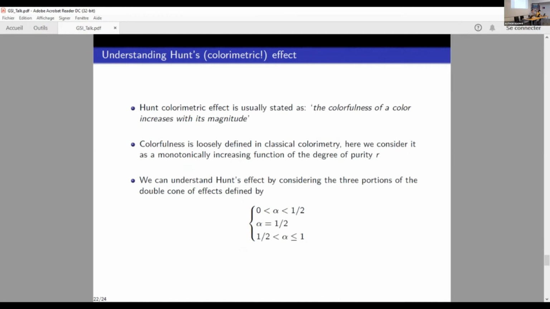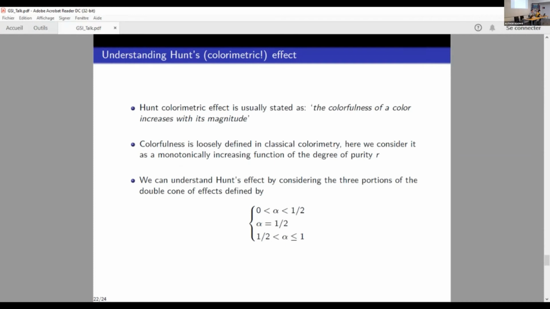The Hunt effect, so Hunt is a colorimetric effect. So let's call it a Hunt phenomenon. It's not a quantum effect. So the Hunt phenomenon in general is represented like this in the literature. And it says that the colorfulness of a color increases with its magnitude, its intensity. And we defined precisely the intensity, the magnitude.